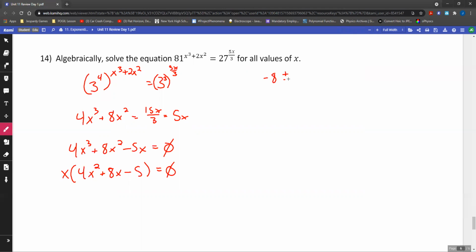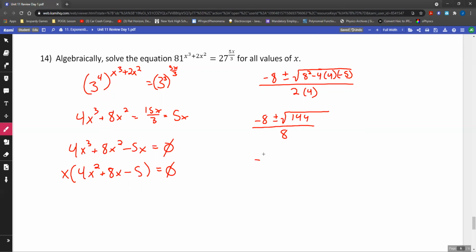Negative b plus or minus the square root of b squared minus 4ac all over 2a. So this becomes negative 8 plus or minus square root 8 squared minus 4 times negative 5, 144. This simplifies to be negative 1 plus or minus square root 144 is 12.